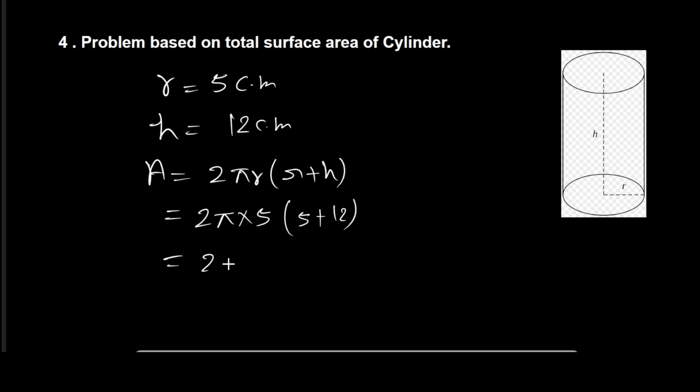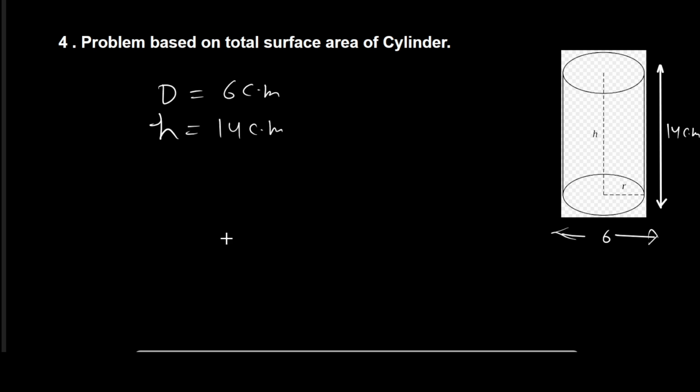If you multiply 2 times 5, it will give us 10 pi, and if we add these terms, it will give us 17. So if we multiply both these two terms, it is 170 pi. So the area of this cylinder is 170 pi, and the unit of the area is unit square. The units are given in centimeter, so it is centimeter square.